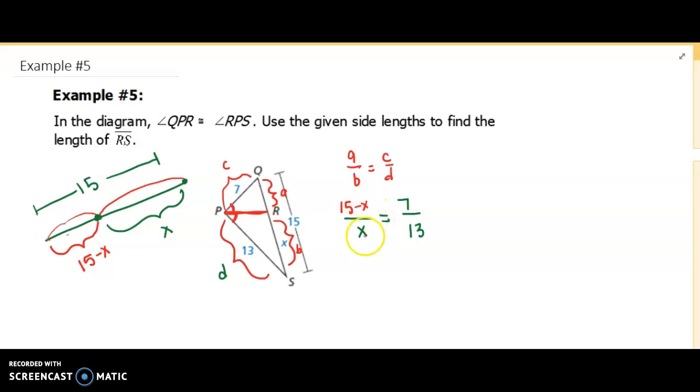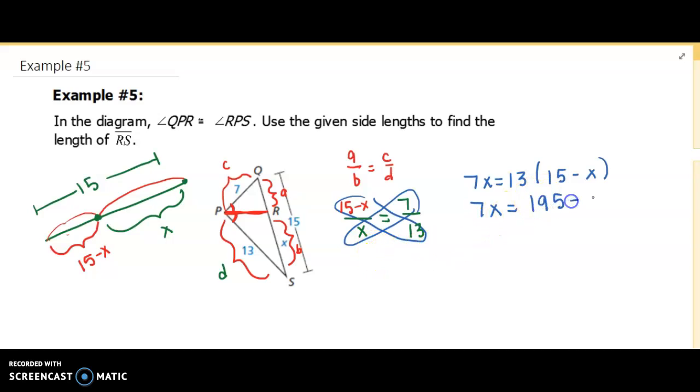Some of you are thinking, oh my gosh, we have two X's, what do we do? Don't freak out, we solve this just like we've solved every other thing. We're going to cross multiply. So I have 7X equals 13. Don't forget to put this in parentheses, 15 minus X. So 7X equals 13 times 15 is 195 minus 13X.